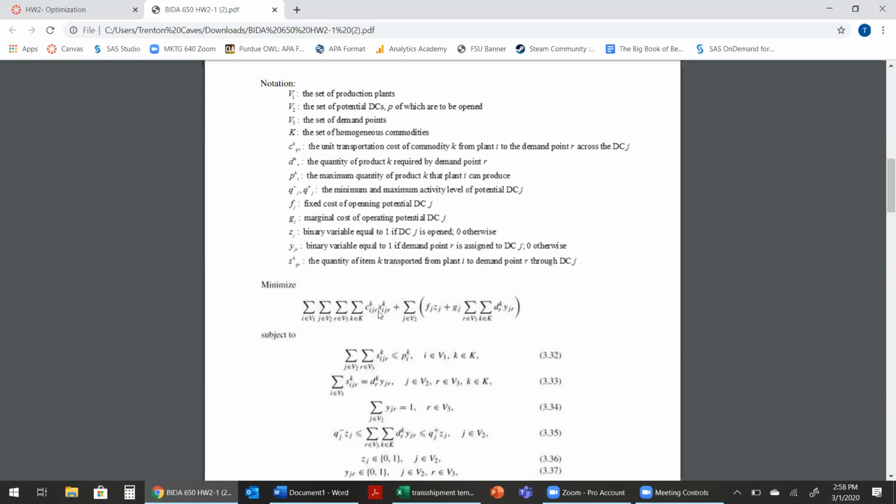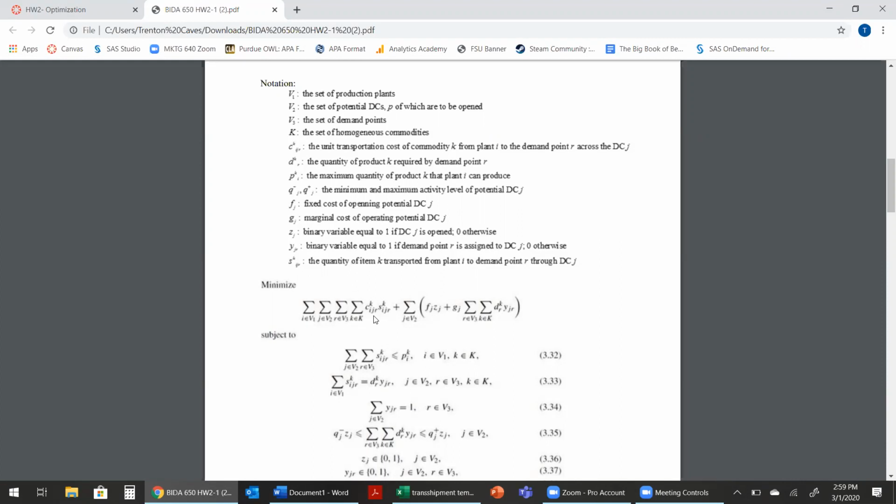The next variable in our objective function is S ijr to the k. That's the last variable in the notation, where S ijrk is the quantity of item k transported from plant i to demand point r through DC j. So C is the cost, S is the commodity.